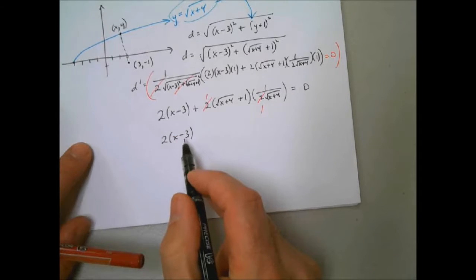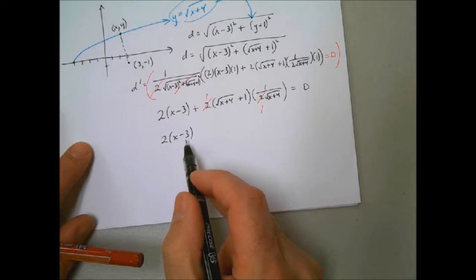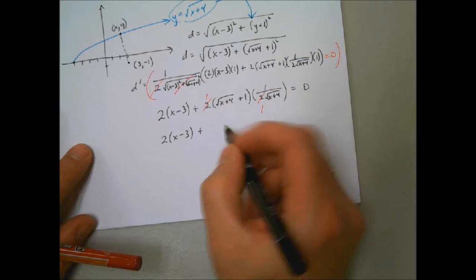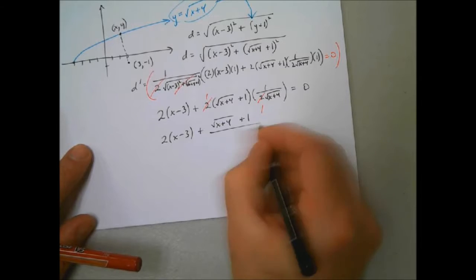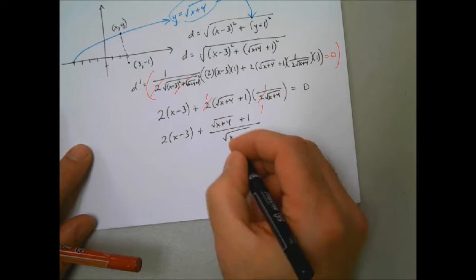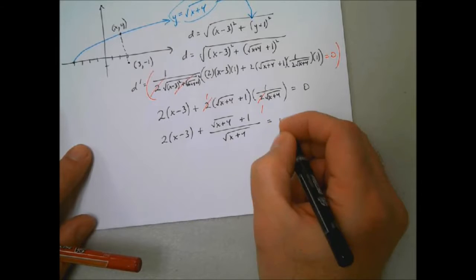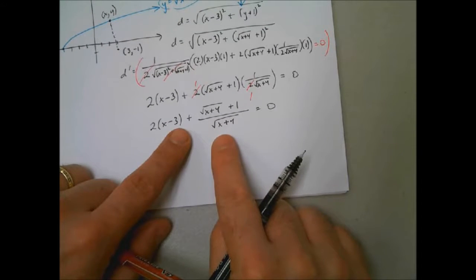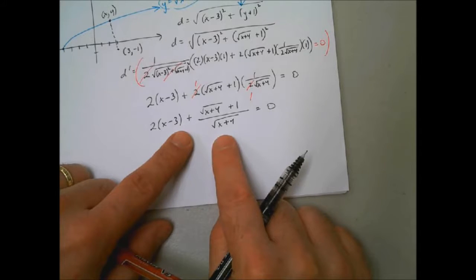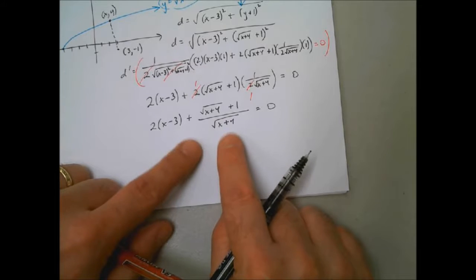Yes, if you could go ahead and say 2x minus 6, plus we've got root x plus 4 plus 1 all over root x plus 4 equals 0. Now, you could keep on doing a bunch of algebra cleanup, but at some point you're going to want to stop wasting time with the algebra cleanup. This is not too bad to plug in the graphing calculator right here.